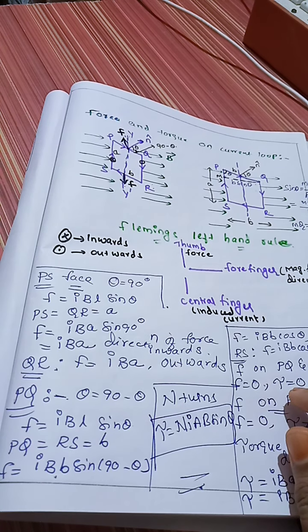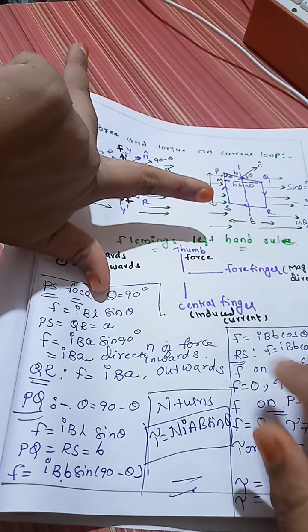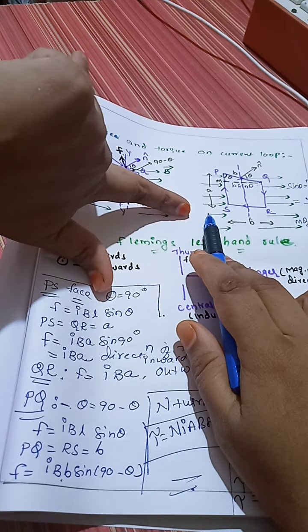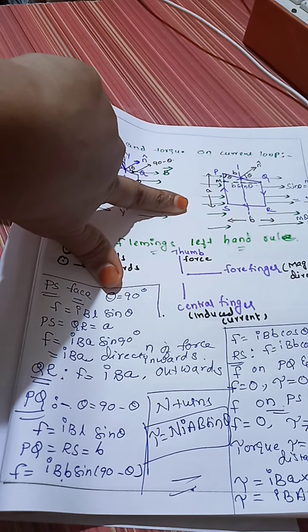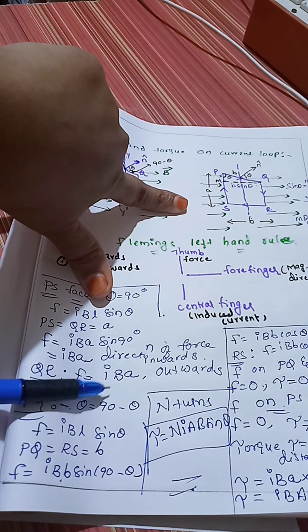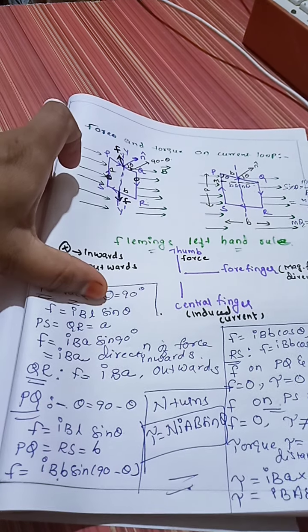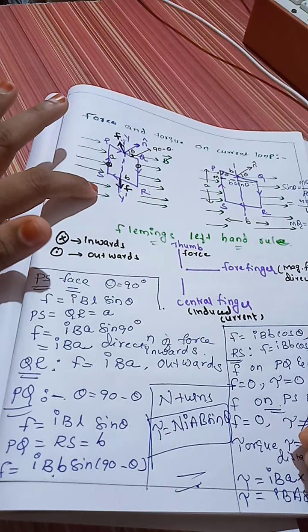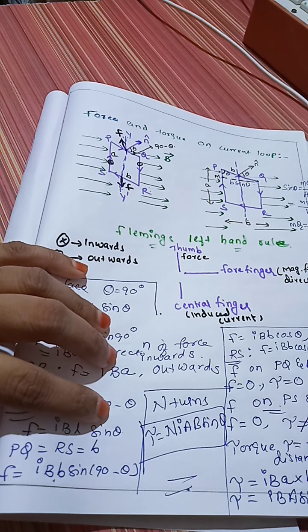Now for the direction, the forefinger is along the field direction, and I placed the central finger along the current direction. So now the thumb is facing in a downward direction. Here the current and magnetic field direction are opposite to each other, and the force direction is downwards.